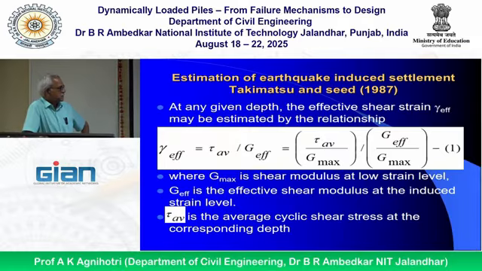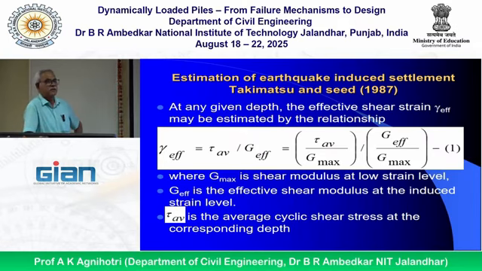So this is shear stress and this is shear modulus. You will get shear strain: tau average over G effective. We can write it like this, dividing numerator and denominator by G max. G max is shear modulus at low strain level.